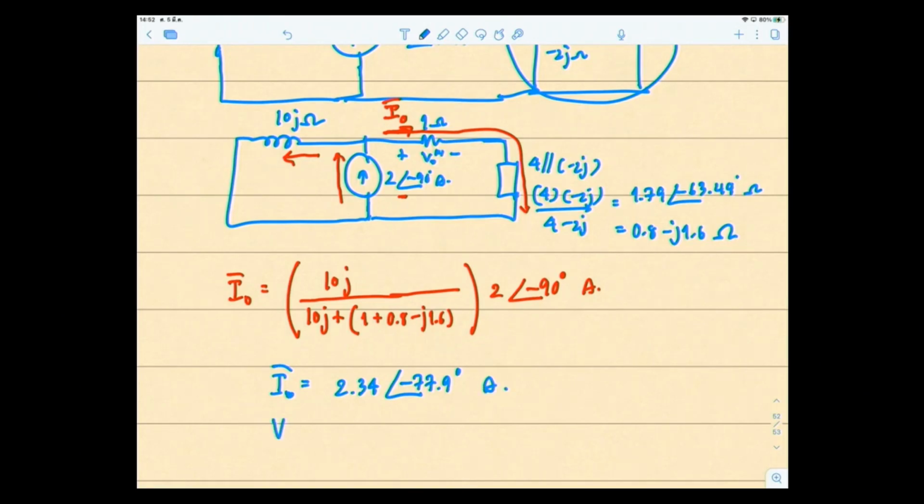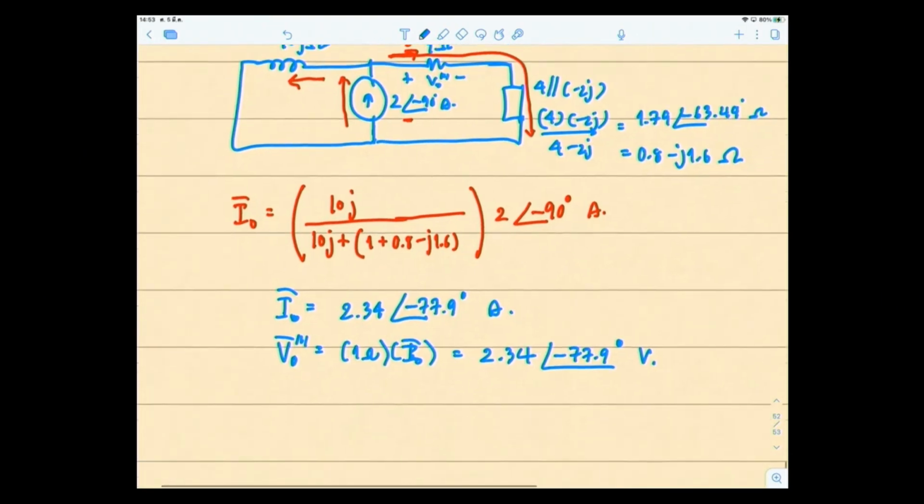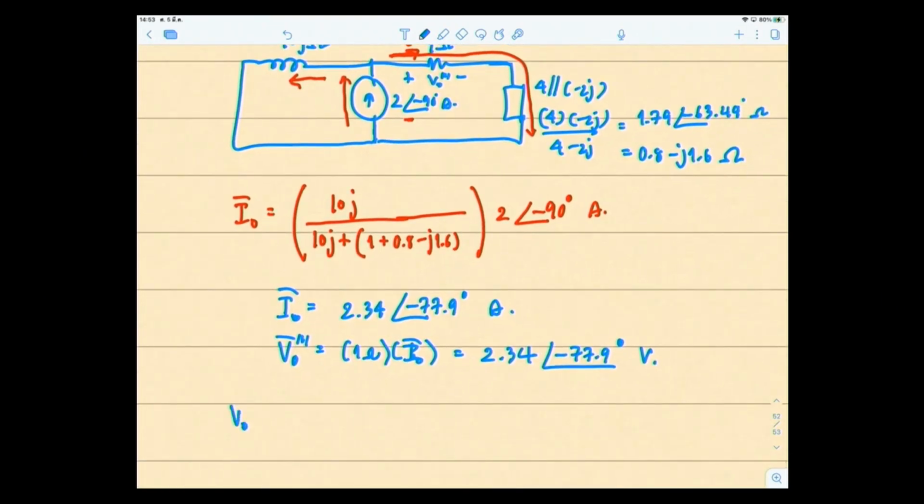Therefore, V out triple prime is 1 ohm multiplied by I out, so equal to 2.34 angle minus 77.9 degrees volts. Changing this into time domain, it's 2.34 cos, with omega 5, so cos(5t minus 77.9 degrees) volts.